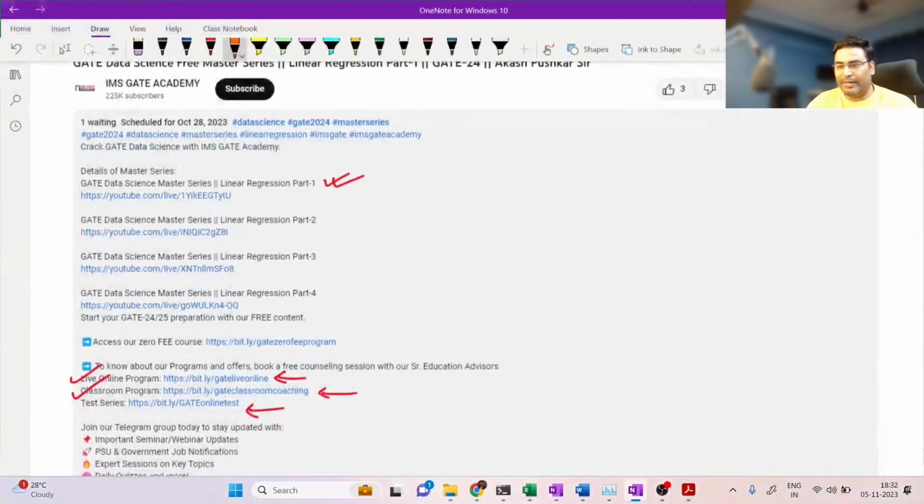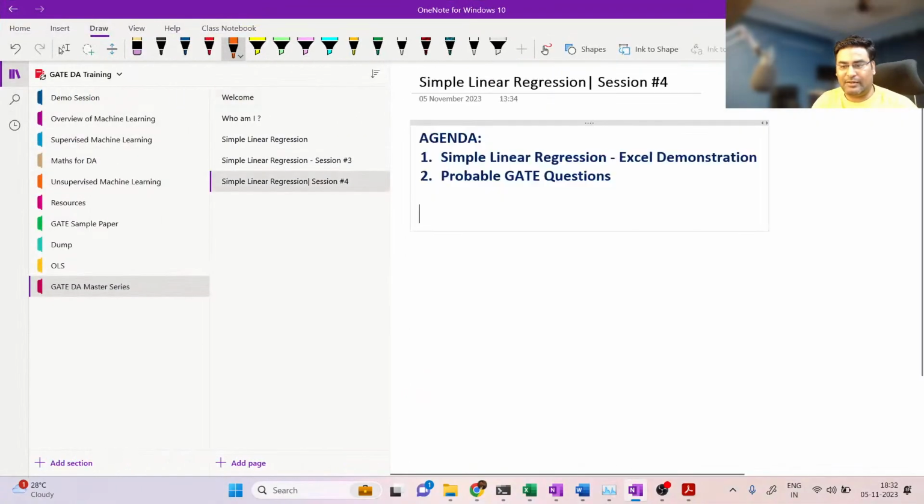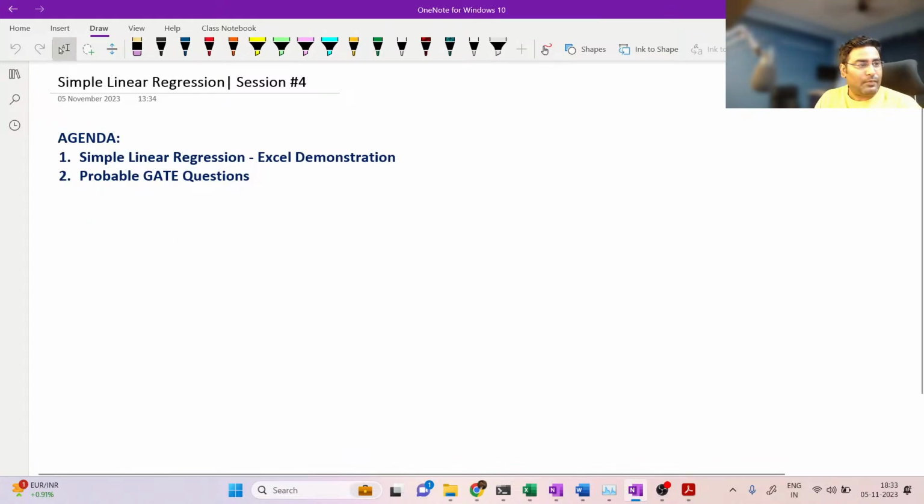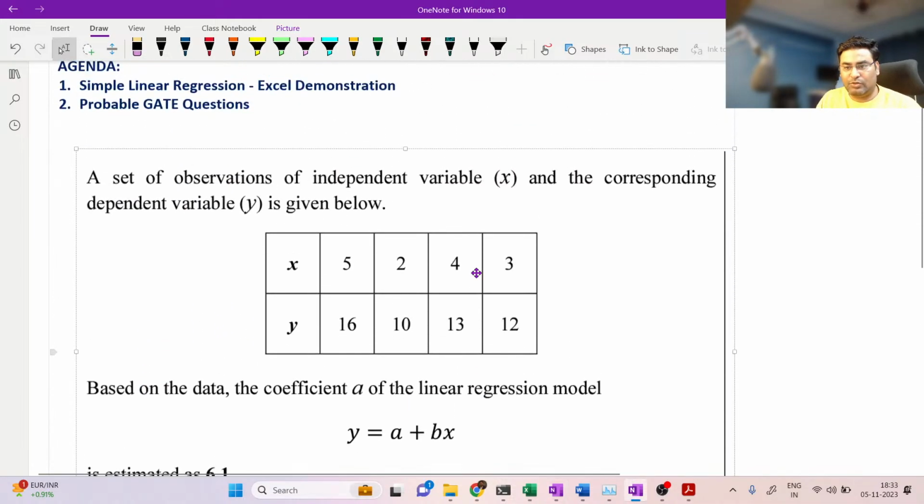Now, if I go back to my second bit of the agenda, that is your probable GATE questions and some of the GATE questions which we feel that they might be asked to you guys. Okay, so let me start with the GATE question itself, guys. I'm showing you the GATE question which was asked in 2022.